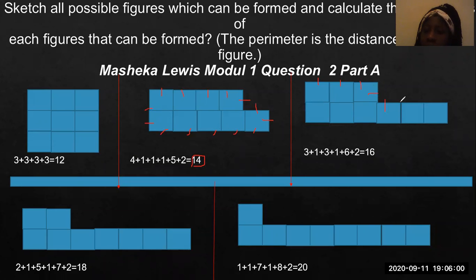Again, 3, 1, 3, 6, 2, 15, and so on, of the other 2. This will equal 18.